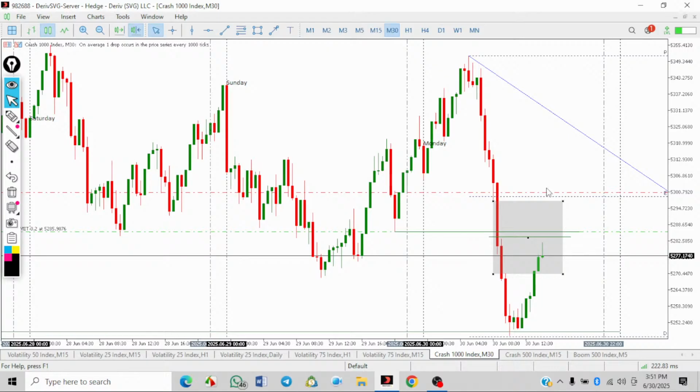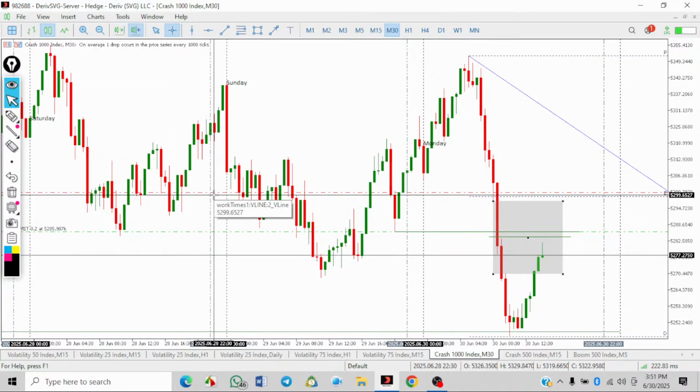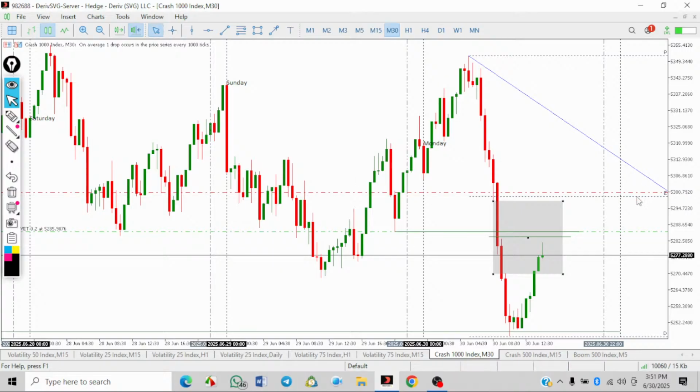If I'm putting my SL at this equilibrium area, is it too much? If I refine that, if I find the order block, let me see the opening of this order block. The opening is just slightly above the equilibrium.